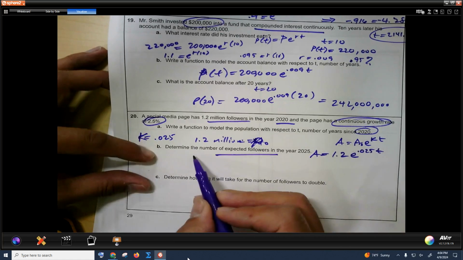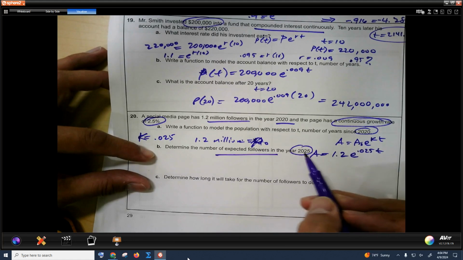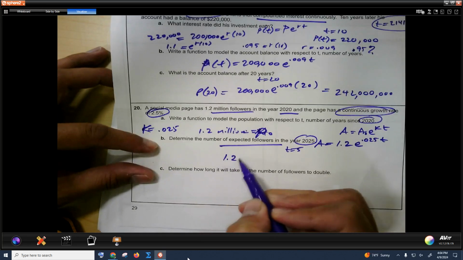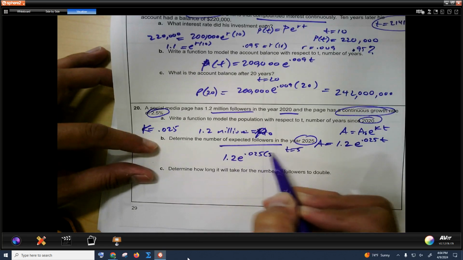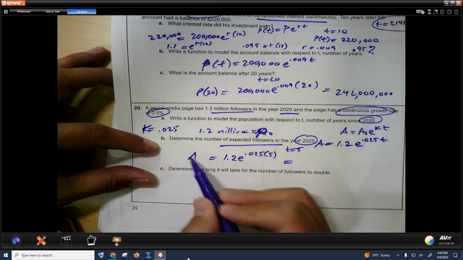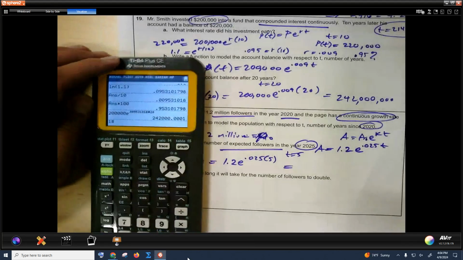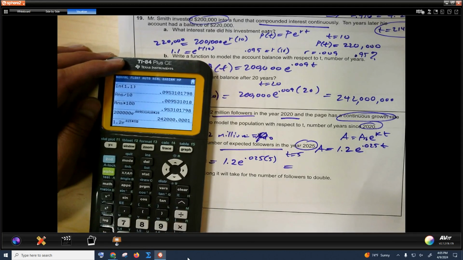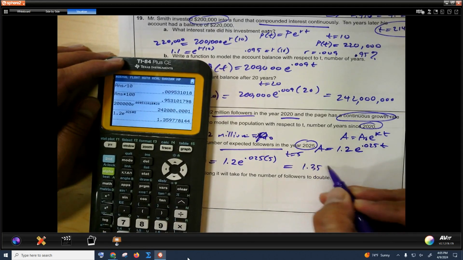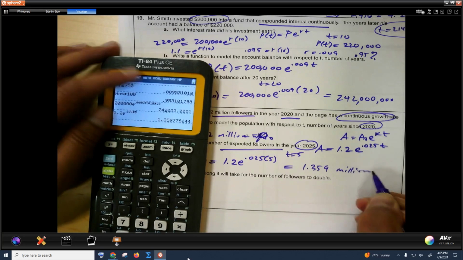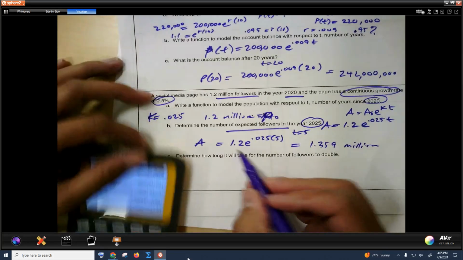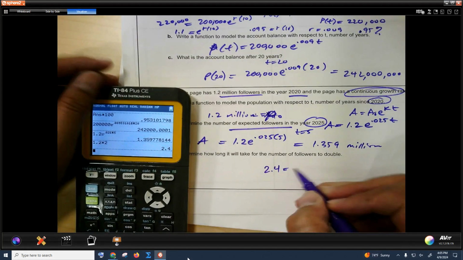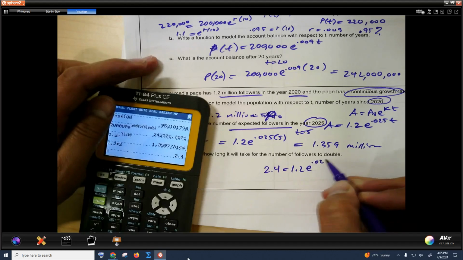And then here, we're just going to put from 20 to 25, that's 5 years have gone by. So we'll put a 5 there. 1.2 E, 0.025 times 5. So this is about that million people. And then here we want to double, so we could just say 1.2 times 2. So we want to get it to double that amount, and we want to know the time.